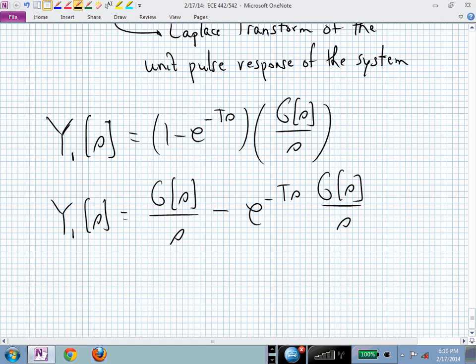We're going to now sample this after we've inverse Laplace transformed it. And we know how to inverse Laplace transform G of s over s. We just put another s in the denominator of whatever G of s was. We'll have to figure out what we do here, but this is just a delayed version of G of s over s. So we could just do those two terms, sample them, and then find the z-transform of that sequence of numbers. Is that clear what we're trying to do?